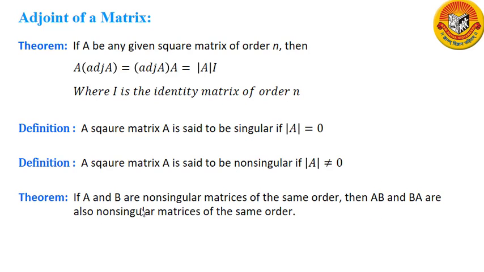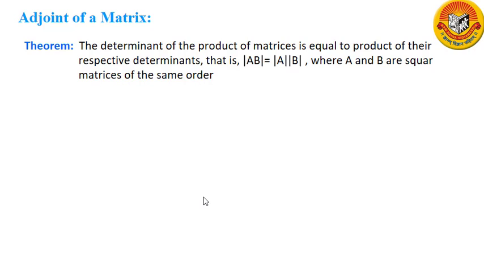If A and B are non-singular matrices of the same order, then AB and BA are also non-singular matrices of the same order. The determinant of a product of matrices is equal to the product of their respective determinants, that is determinant of AB is equal to determinant of A into determinant of B, where A and B are square matrices of the same order.